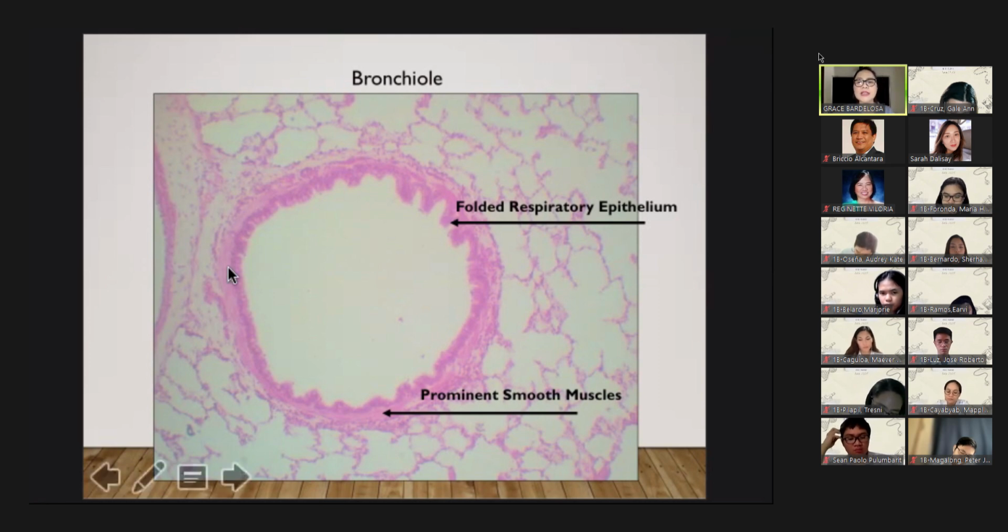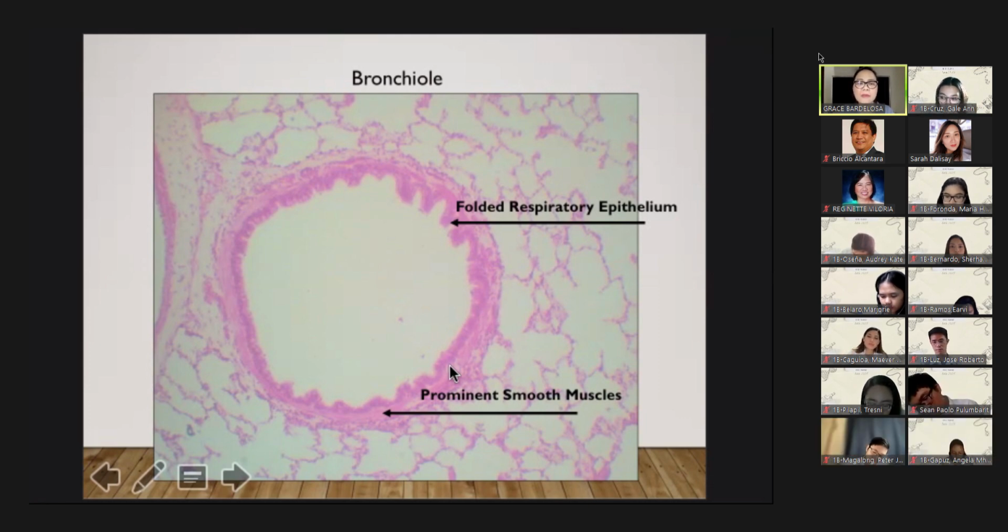So you can see that it is scalloped. Okay, why do you think this is scalloped? Because in the lamina propria, we can see that it is associated with plenty of smooth muscles. That is why contraction happens in the lining epithelium.